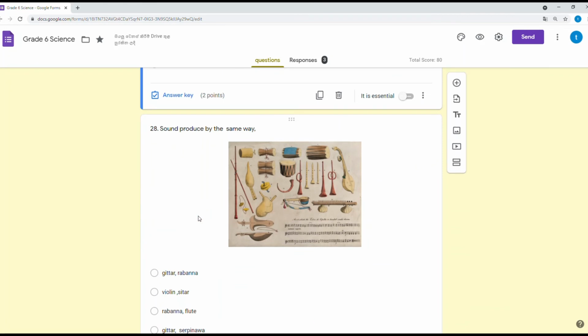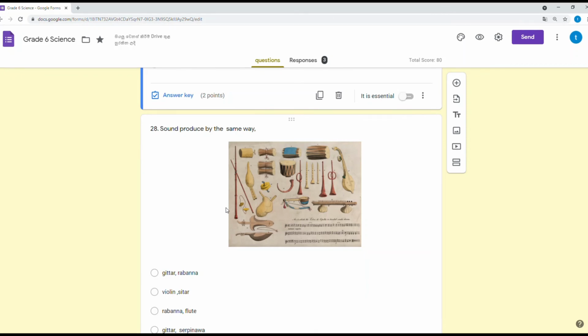Now number 28. Sound produced in the same way. When you get into sounds and musical instruments, we can classify musical instruments into three groups according to the way we produce sound. Some we play by vibrating membranes, like the rabana. Some we vibrate the string, like the violin and the sitar.